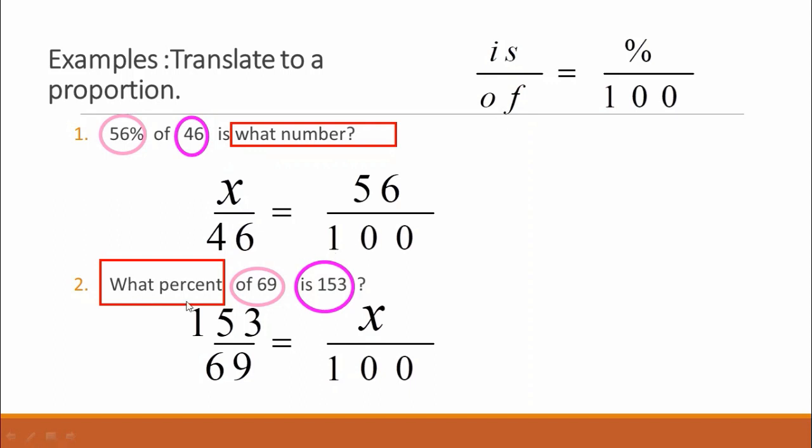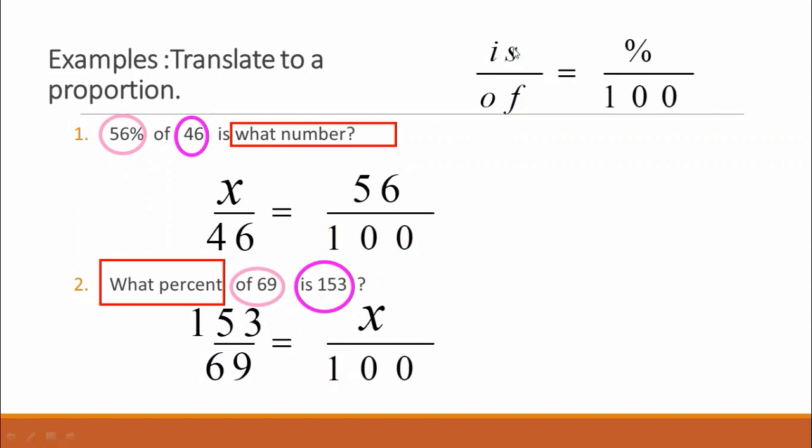Similarly, what percent of 69 is 153? Percent is missing. Percent is unknown. The rectangle box represents the unknown, and the circle boxes represent the known things. In this example, percent is unknown, whole is known, and part is known.